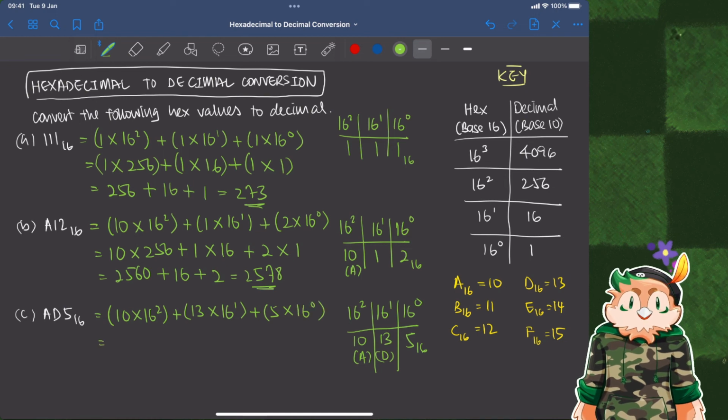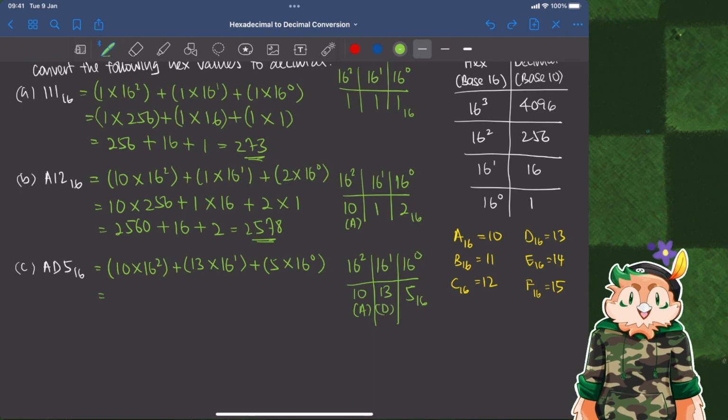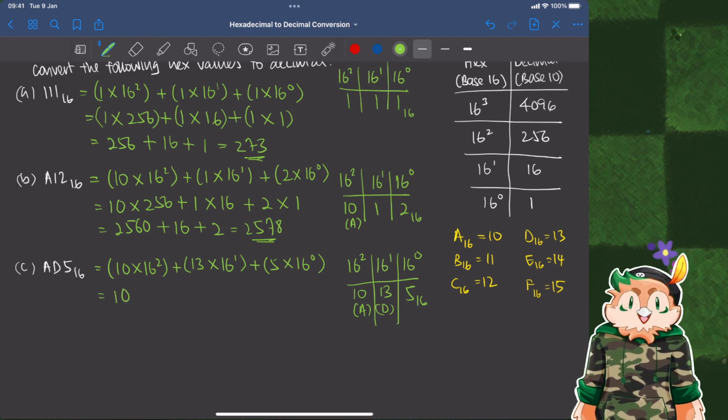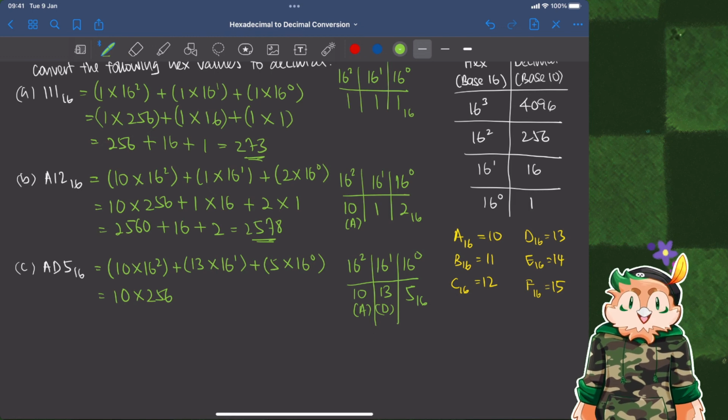And from here, we're going to want to replace all the 16 powers with their decimal equivalents, as with the previous two examples. So 16 power 2 again is 256. For the most part, if you're dealing with 8-bit registers, usually around here is about enough.